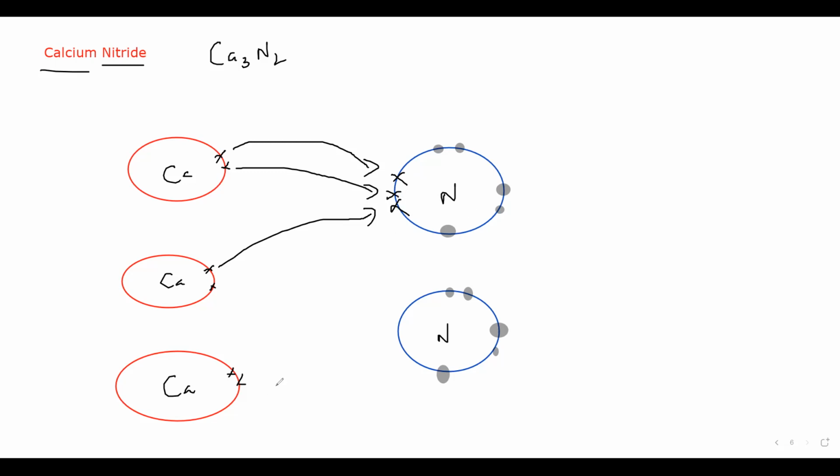And same thing, another nitrogen already having 5, so it needs 3. So 1, 2, 3. So it took 3 electrons, 2 from one calcium and 1 from another one. So the last shell of calcium loses electrons and does not have any electron.